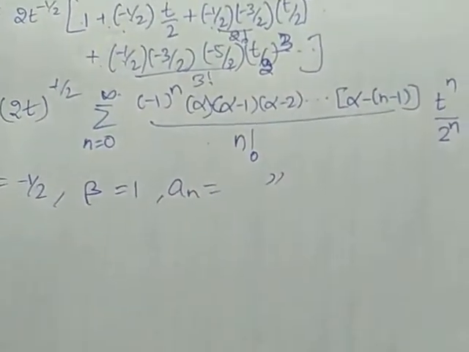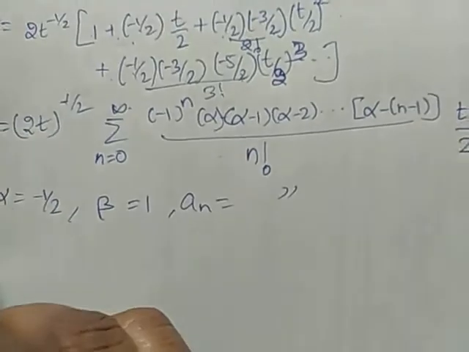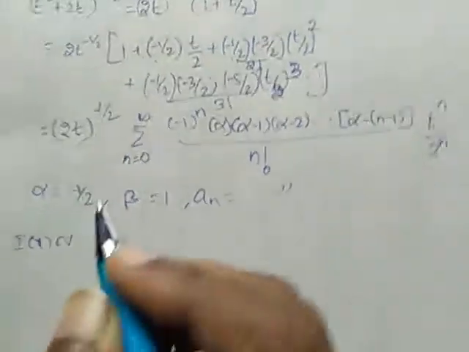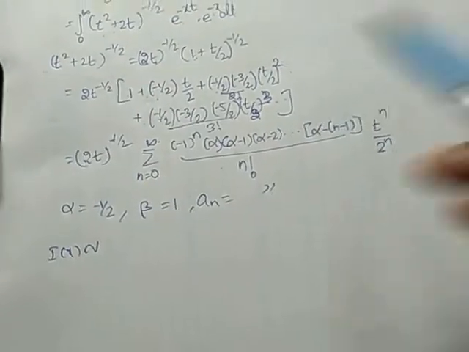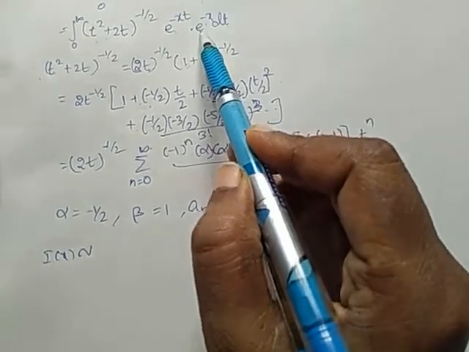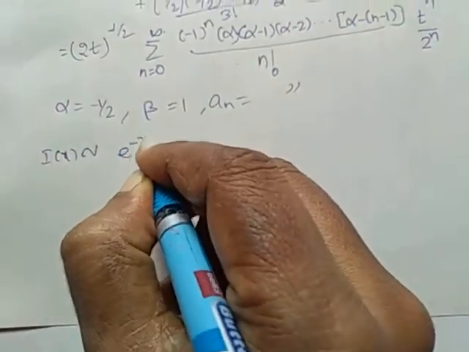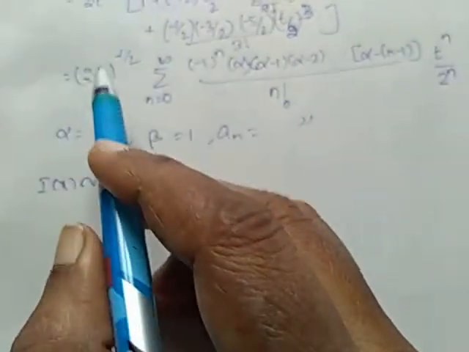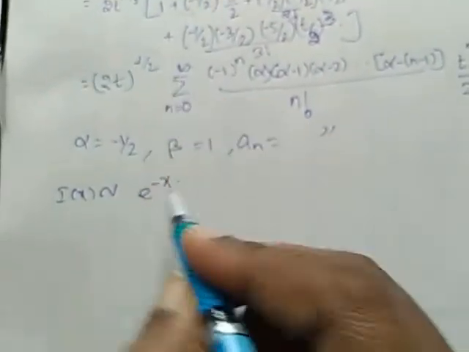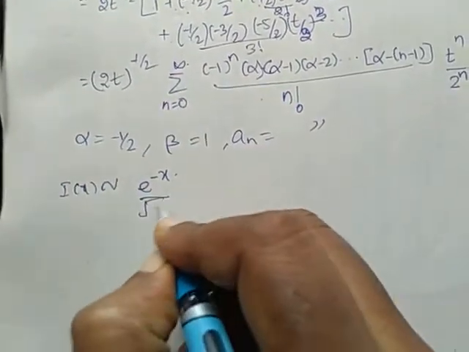Now we are going to substitute in the formula. What is our formula? I of x is asymptotic to, here in the integral we are having e power x. That e power x should remain as it is, therefore e power minus x. Here we are having 2 power minus 1 by 2, that also should remain as it is.